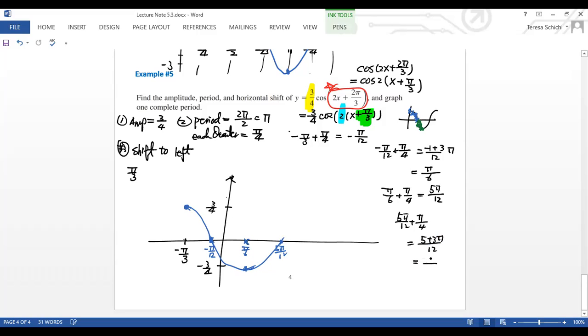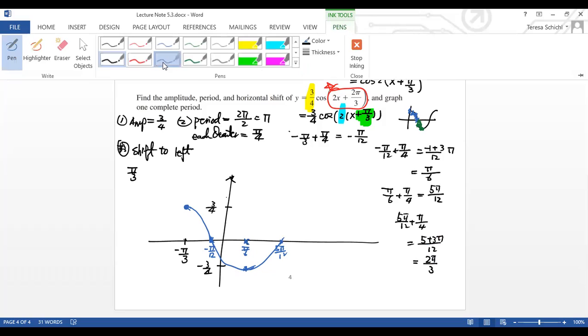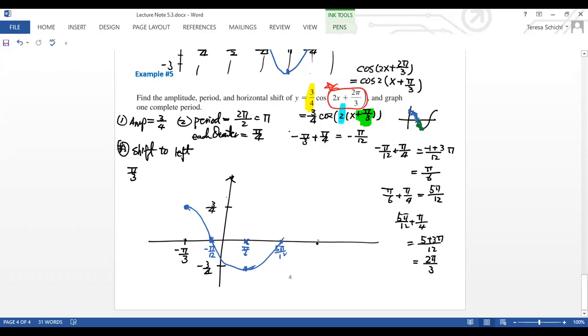So 8 pi over 12, which is 2 pi over 3, all right? So in here, this one's going to be 2 pi over 3. So that's how you do the last bridge here. Okay, so that is your cosine function.